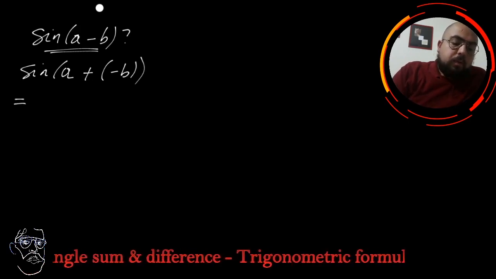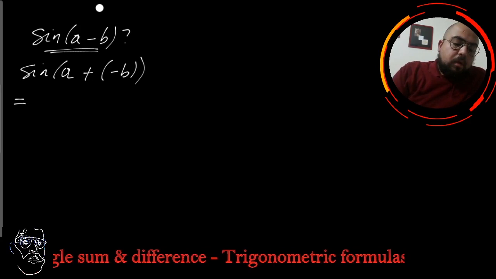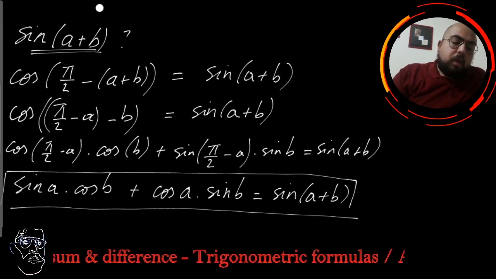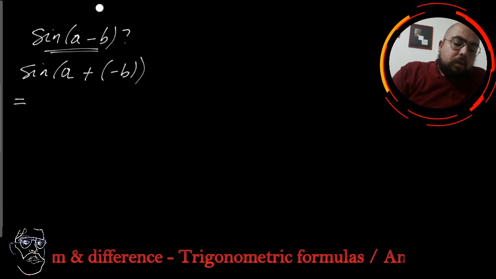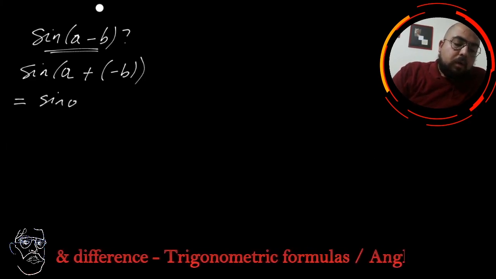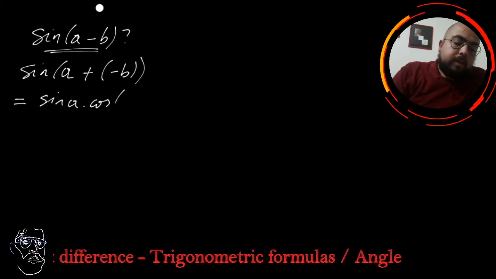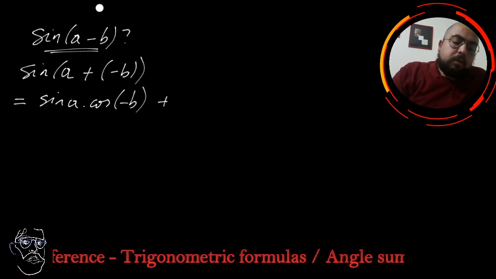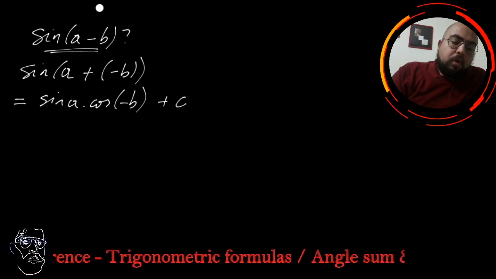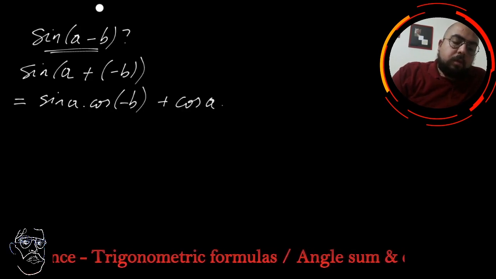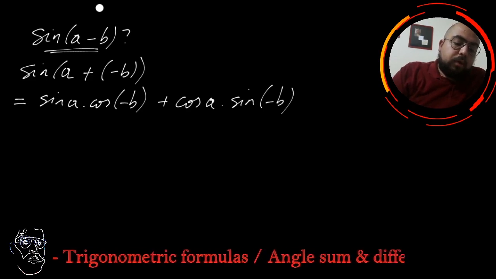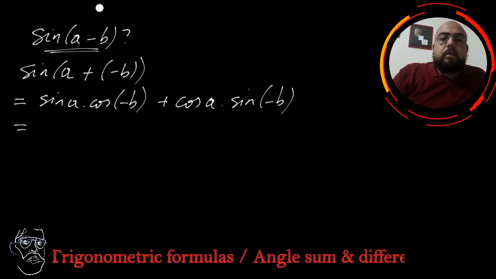And it will be just like the previous one where I had sine of a plus b: sine a cosine b, sine a times cosine of minus b, and then plus cosine a times sine of minus b. I will arrange it. Sine a times cosine minus b.